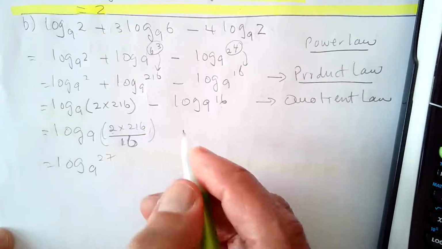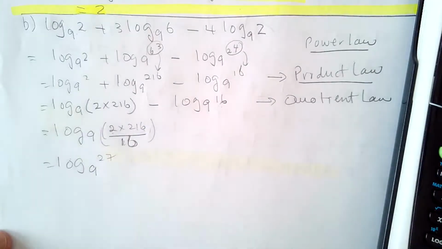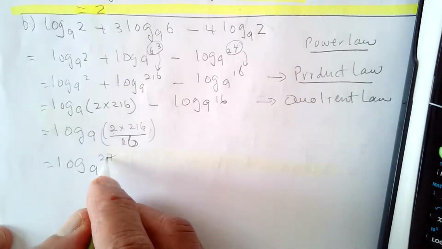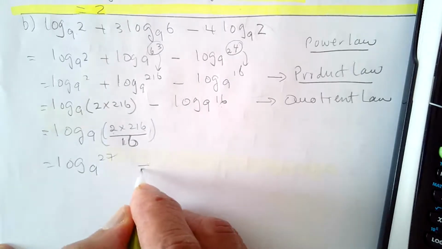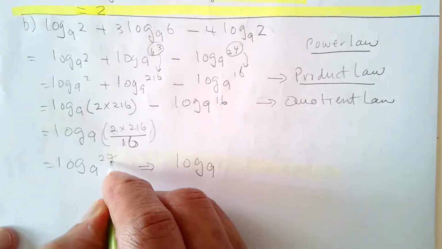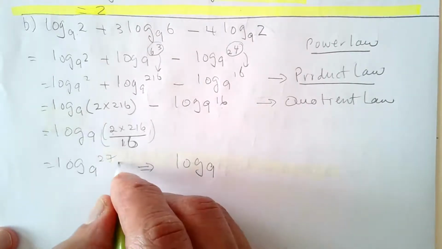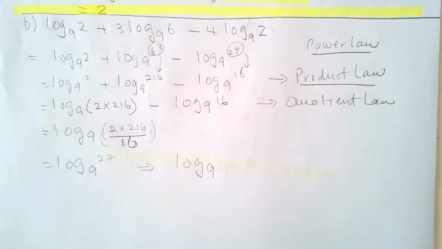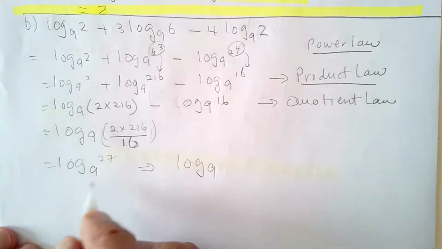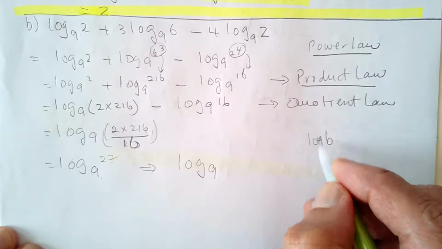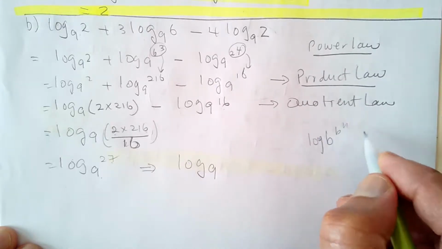So now this could be written as log 9 of 27. Now we want to write 27 as a power of base 9, because we want to apply our principle log b to the b^n is equal to n.